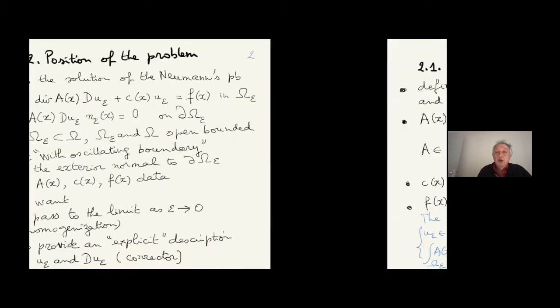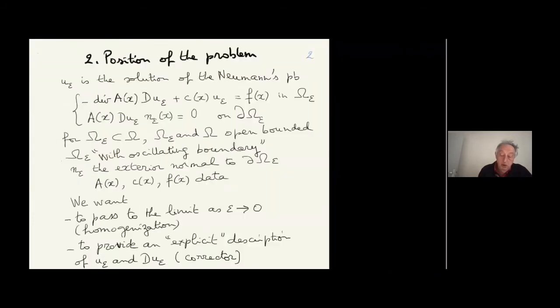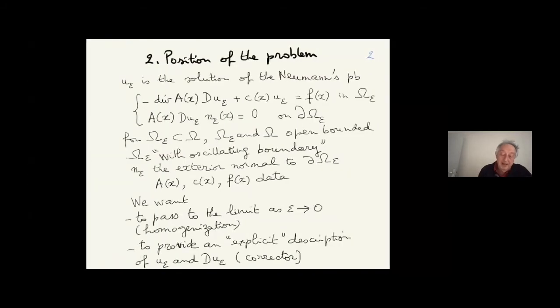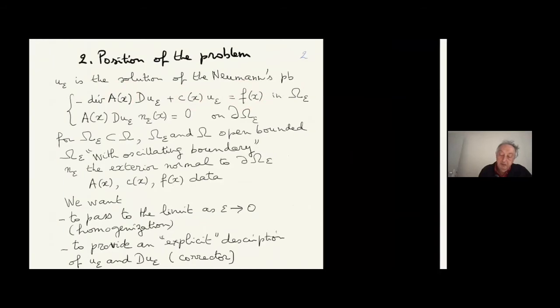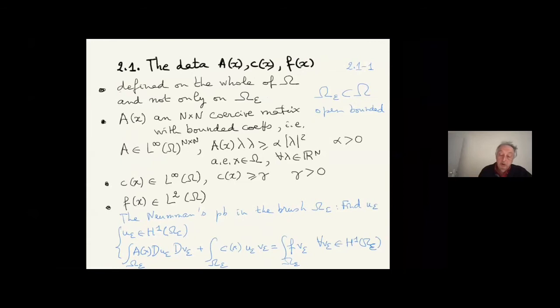Okay, so let me describe now what I will call the data, which is A of x, C of x, and F of x. Recall that Omega^epsilon is included in Omega.